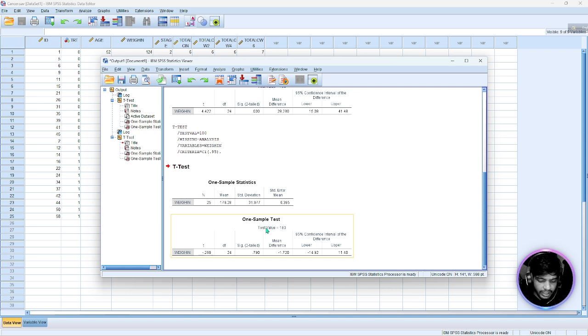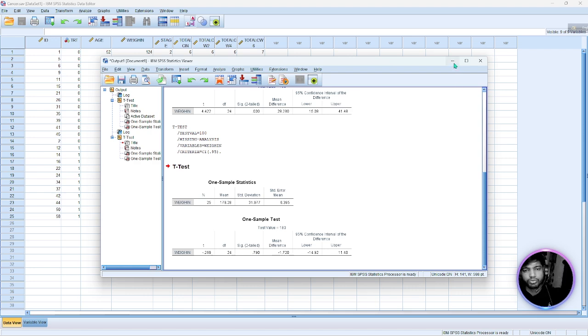As this value is more than 0.05, as I have given the 90% confidence interval, that means we have to reject this null hypothesis. It says there is a significant difference between the statistical mean and the tested mean. And that was for the one sample t-test.